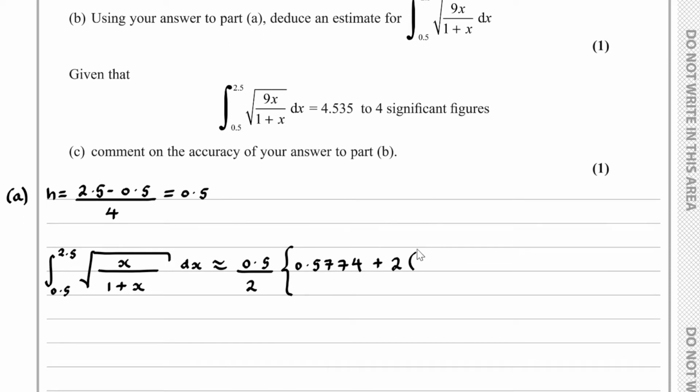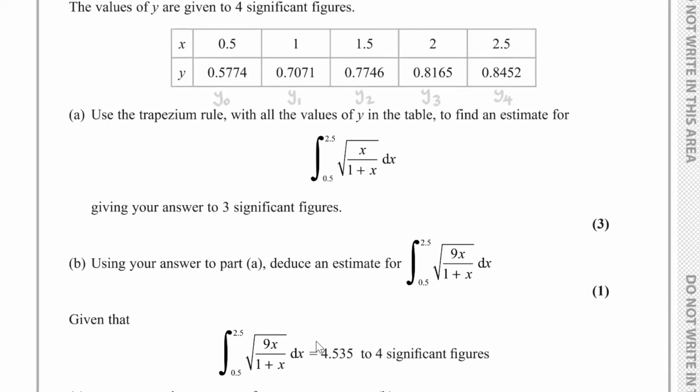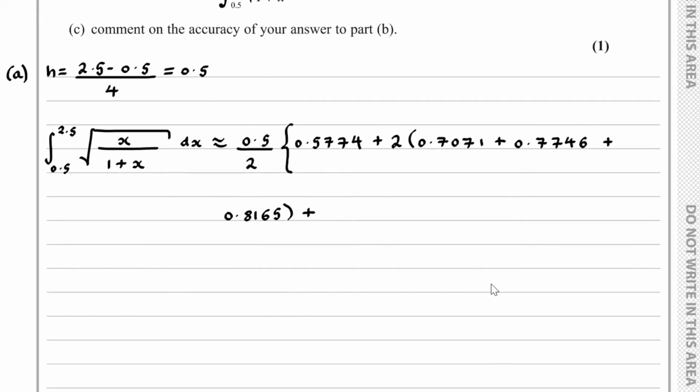So we have 2 lots of 0.7071 plus 0.7746 plus 0.8165, and then we have our last y value, 0.8452. So we add on 0.8452.